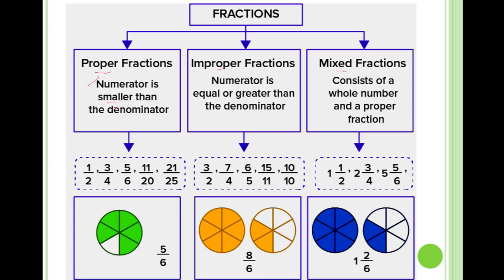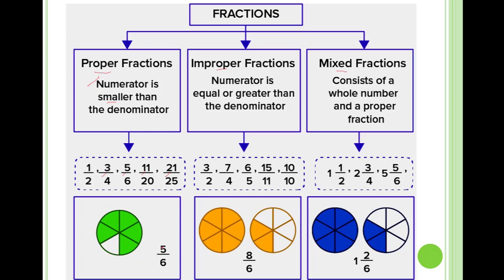As you can see, the upper numbers are smaller than the lower numbers. So for example, we have 1 over 2. We have 3 over 4. We have 5 over 6, 11 over 20, and 21 over 25.